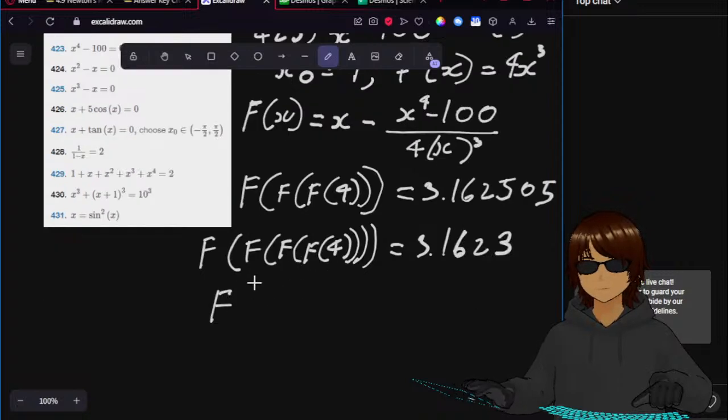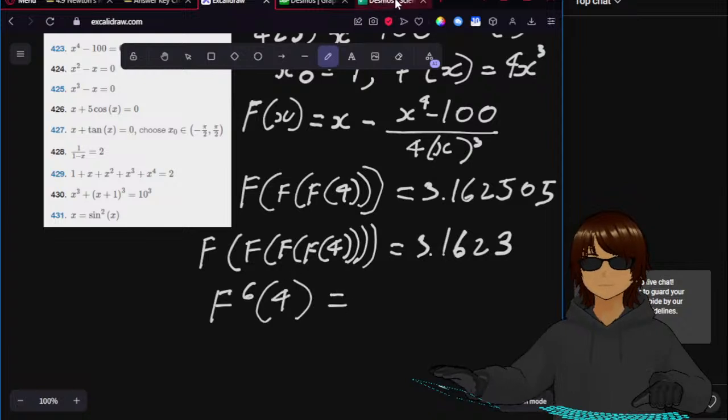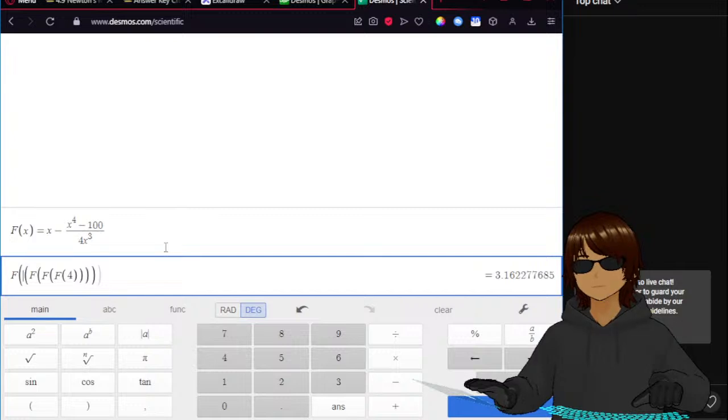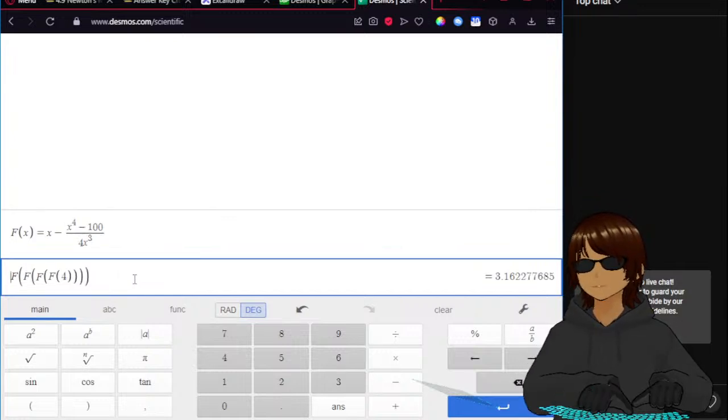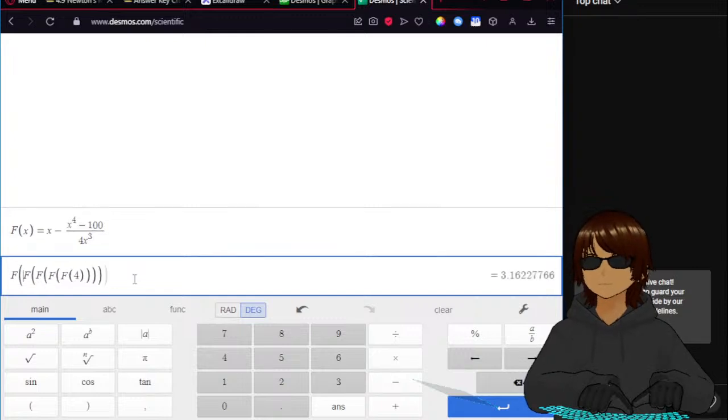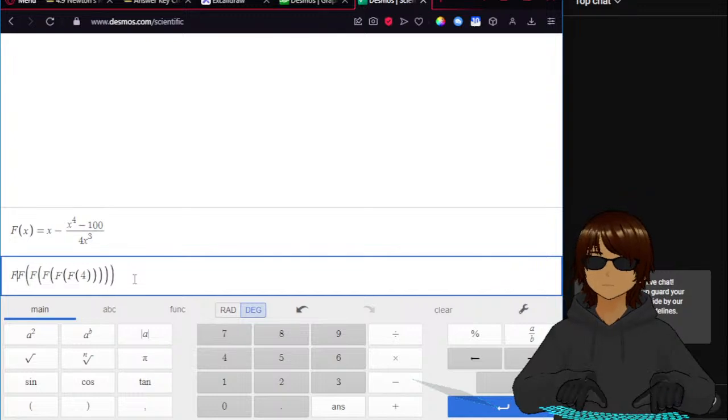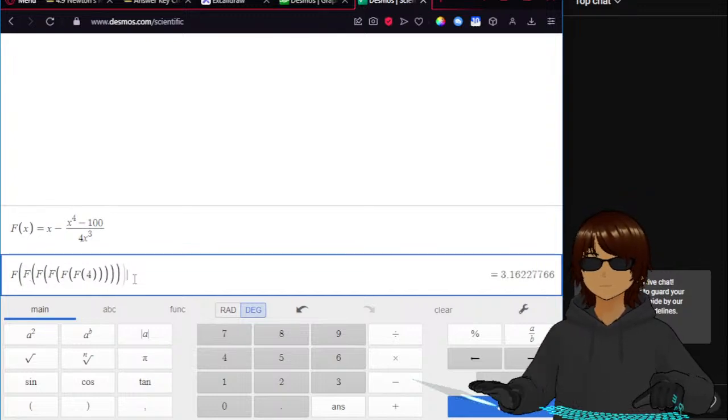Let's do F 6 times. Like, is there an easier way to do the recursive functions? So 3.1623.